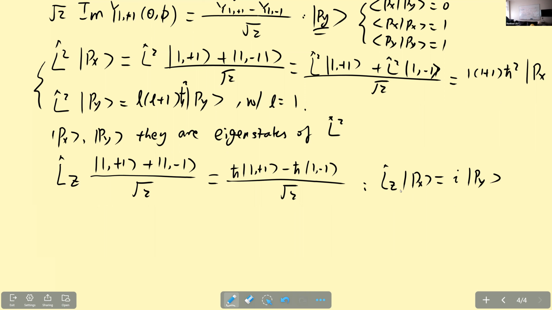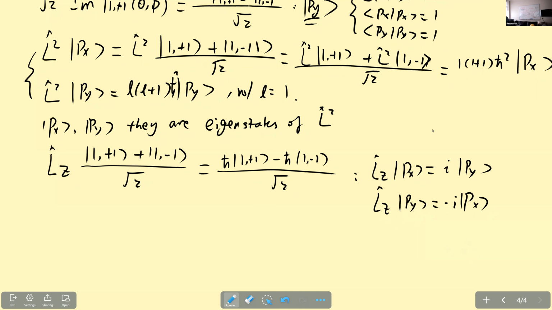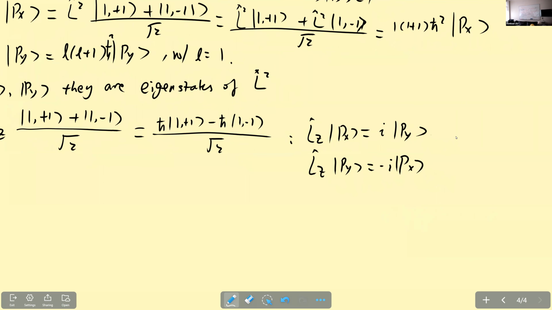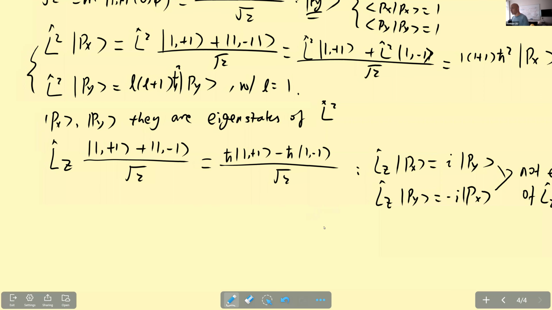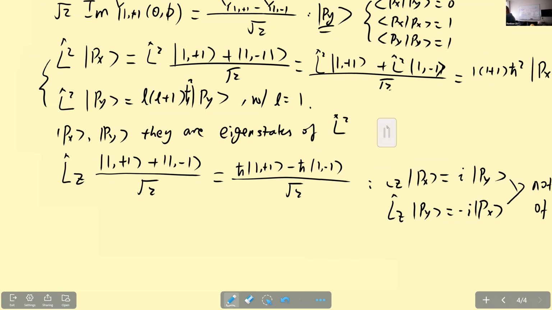So similarly, you have LZ acting on py equals minus i h bar times px. I leave this one for you to check. So that means these two are not eigenstates of LZ.